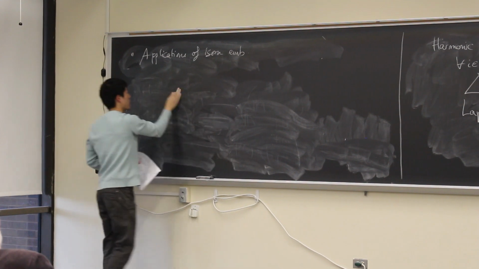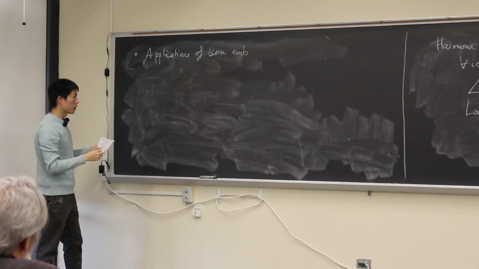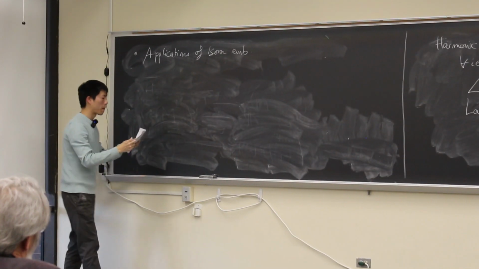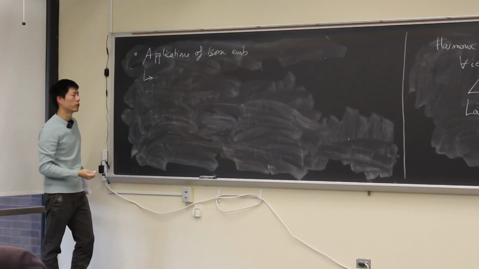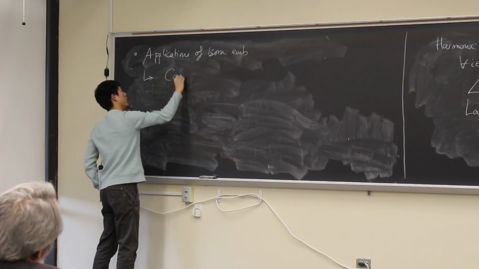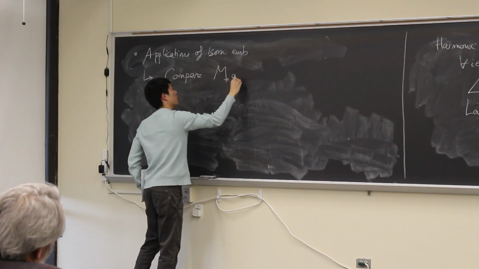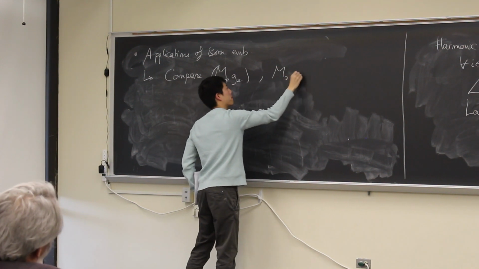So what can we say using this notion of isometric embeddings? Again, I'm going to be more interested in global isometries. One thing that you can do is to compare different Riemannian manifolds. So you have two, say, compact Riemannian manifolds.